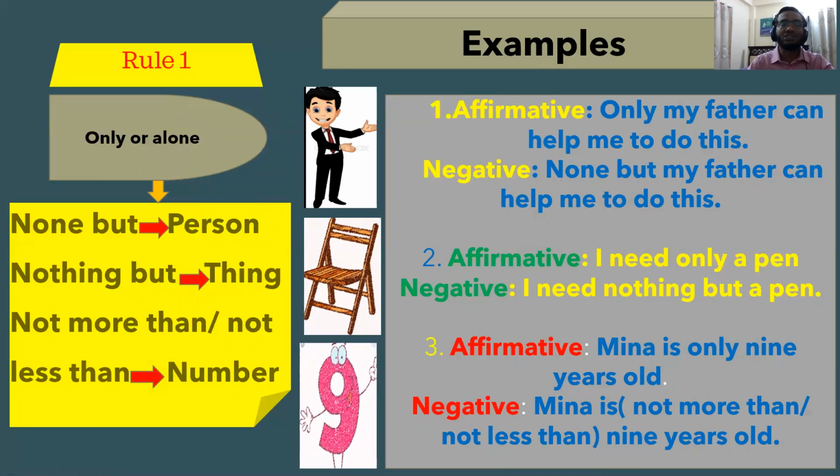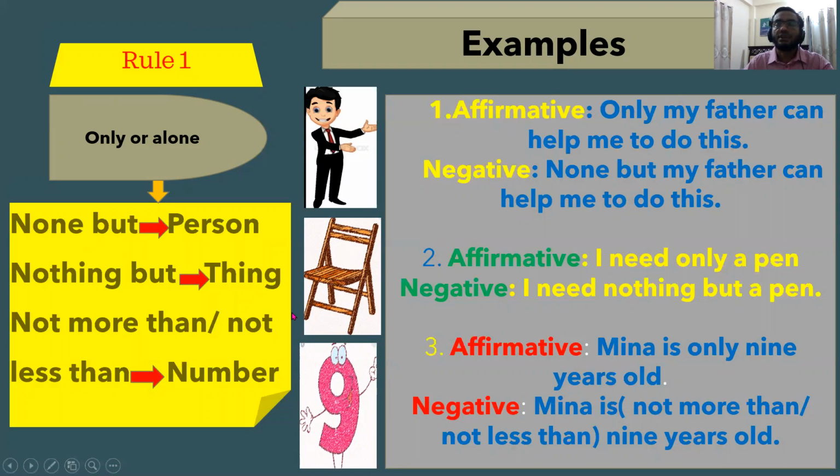This is very easy. If you don't understand, please write it down in your khata. You can note it down. Okay? Can I go next? This is rule 1. Remember, only or alone can be changed into none but, nothing but, not more than, or not less than.